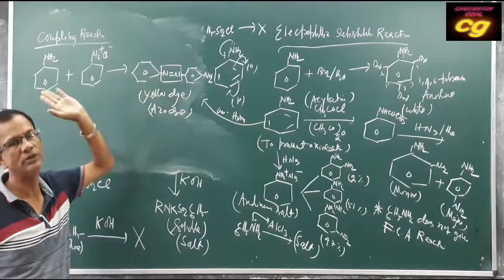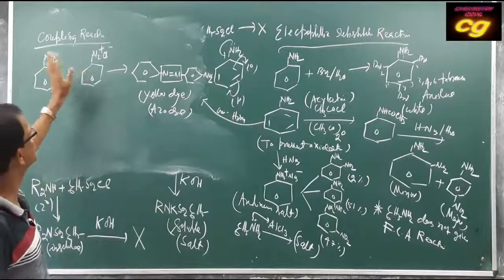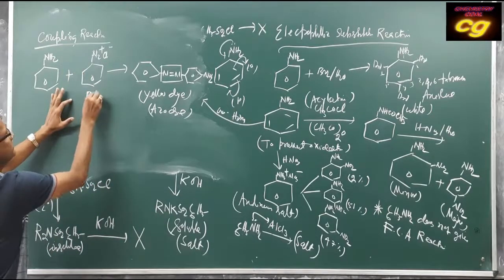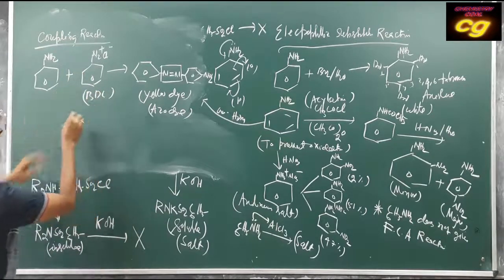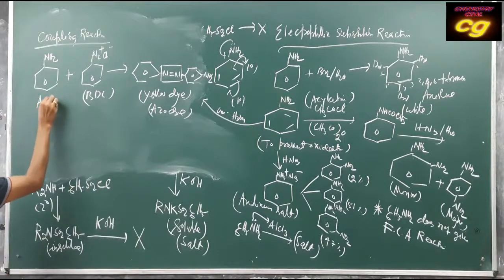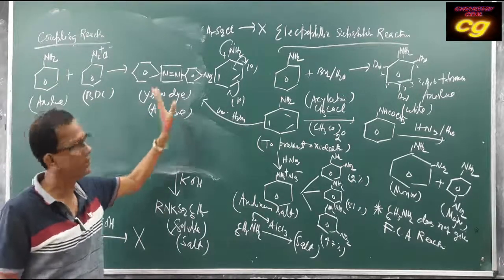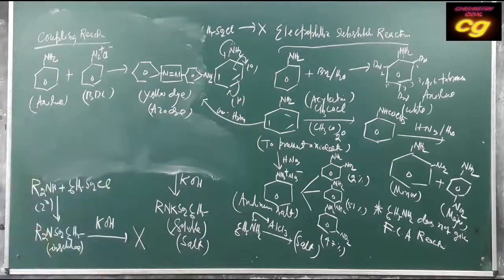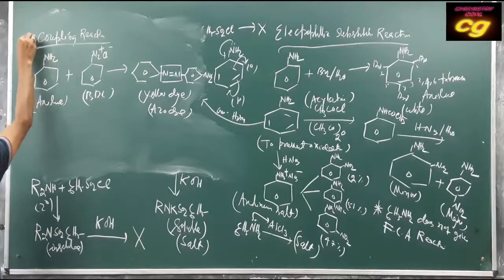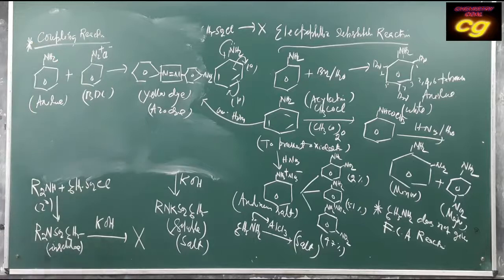In the phenol chapter you have read that phenol reacts with BDC, benzene diazonium chloride. Here, aniline forms a yellow azo dye, which indicates the presence of aniline. This is also an important test of aniline. You can identify the presence of aniline in an organic mixture.